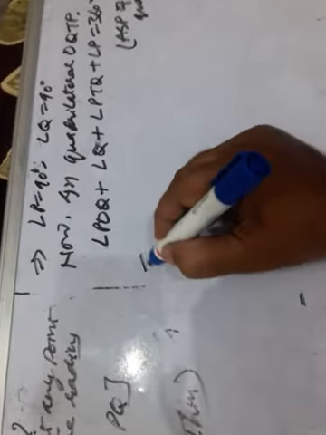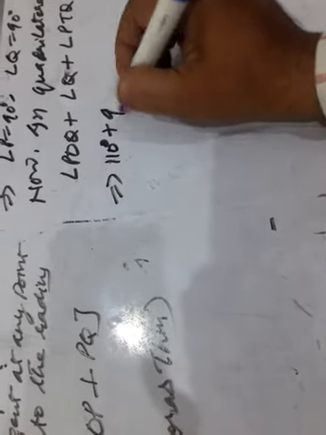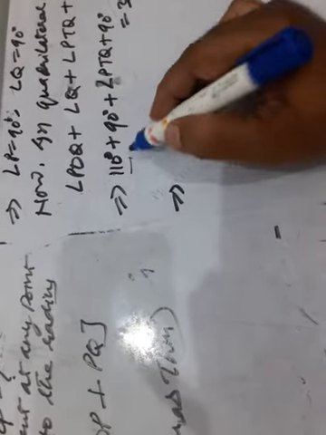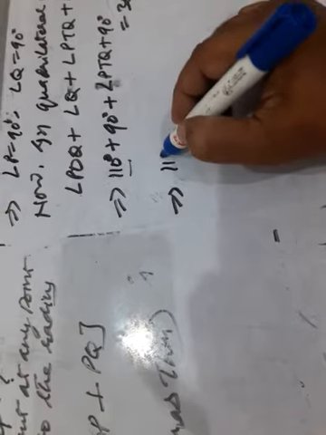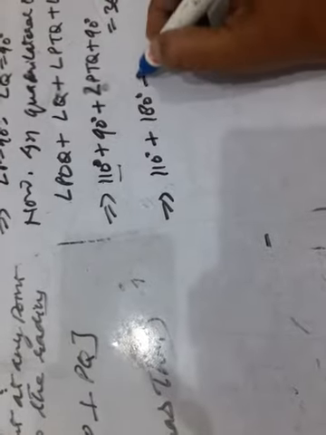Now put the values. This implies that angle POQ, children, is given to be 110 degree, plus angle Q is 90 degree, plus angle PTQ we have to find out, plus angle P, that is again 90 degree, and the sum is 360 degree. This implies that 110 plus 90 plus 90, that is 180 degree, plus angle PTQ equal to 360 degree.